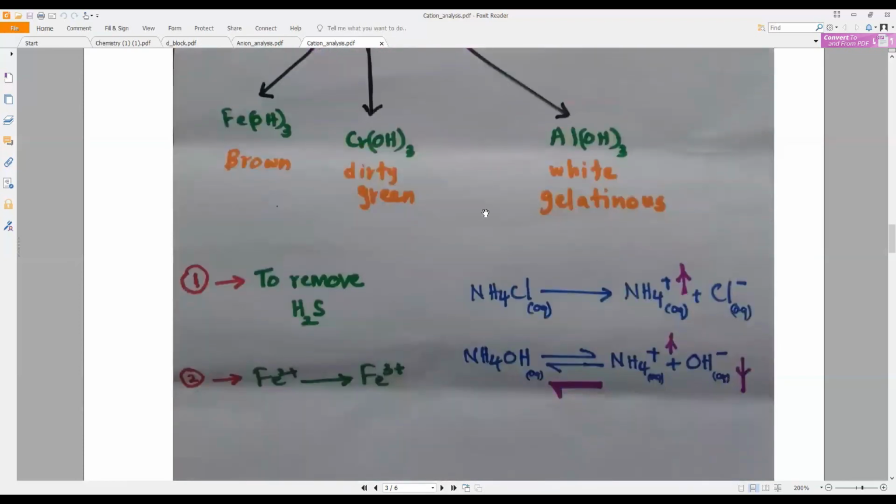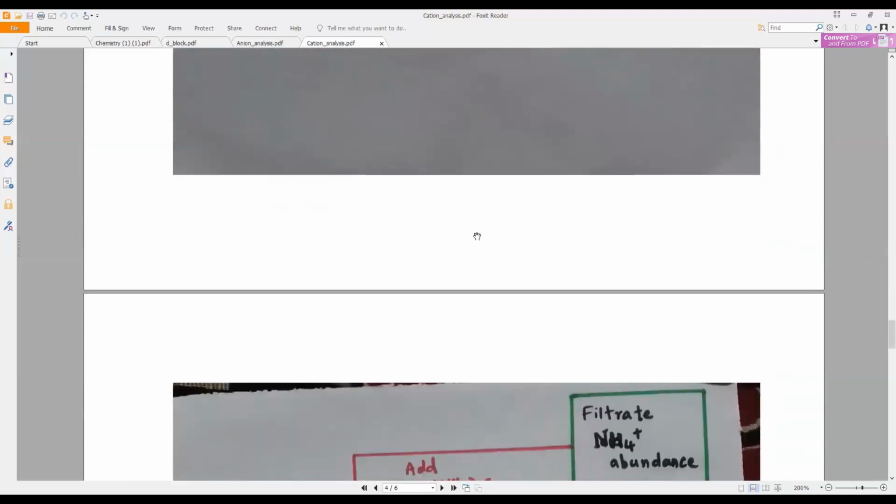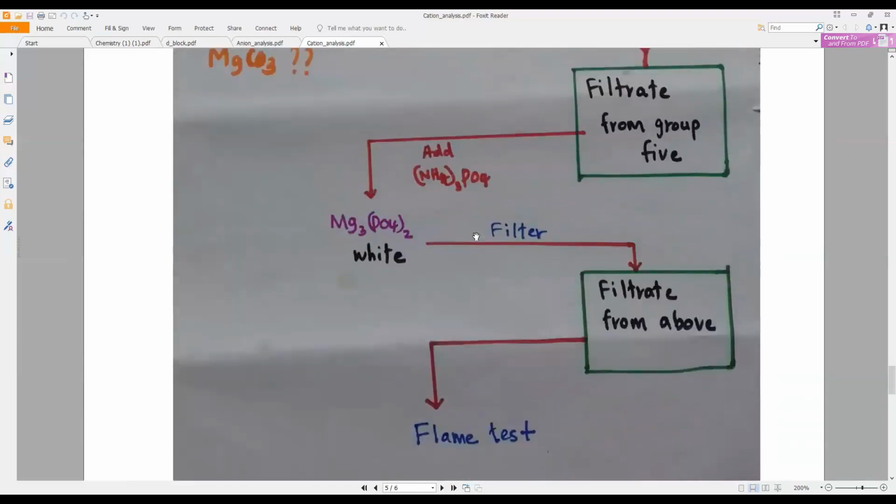Why? Because when you do all this group analysis, magnesium should be found from here, as magnesium phosphate. This is the idea.